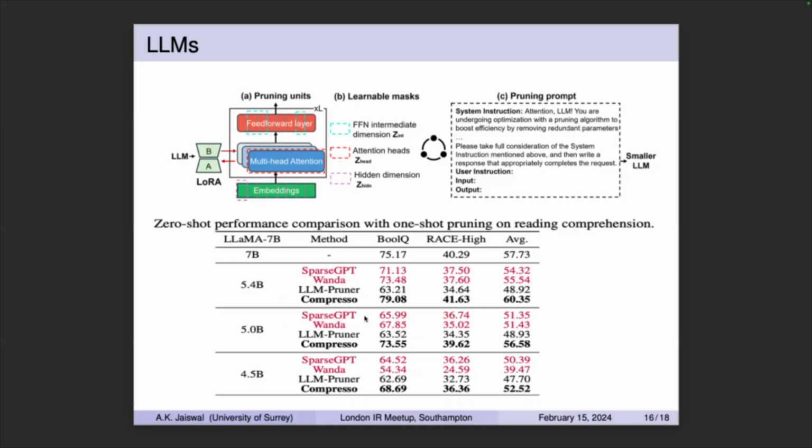You can see that SparseGPT and the others are at the moment the current state of the art, but ours is the last one, the compressor. Sorry, I'm not revealing the actual technique, how the pipeline works, because it's still work in progress. With this compressor, you can see the difference is quite large.